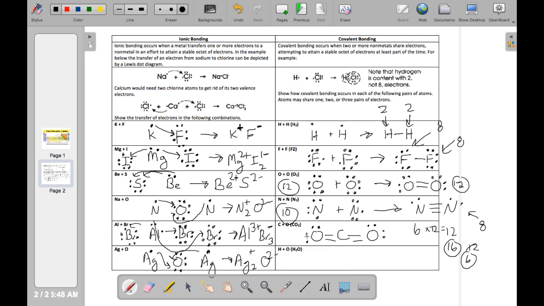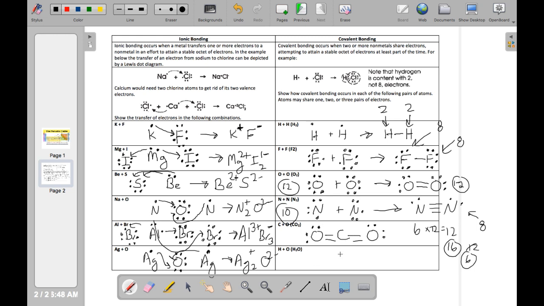So we have 1, 2, 3, 4, 5, 6, 7, 8. 1, 2, 3, 4, 5, 6, 7, 8. How many electrons do we have? We have 1, 2, 3, 4, 5, 6, 7, 8, 9, 10, 11, 12, 13, 14, 15, 16. So that's how many we started with. We don't have more. Everything has 8. So this is actually a good structure.